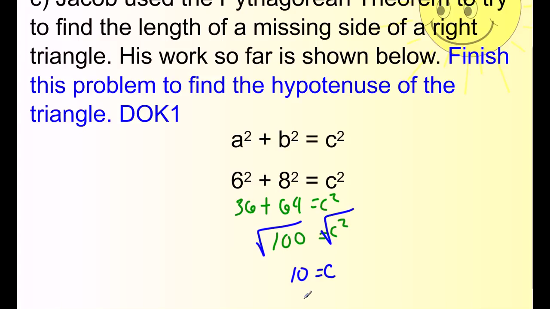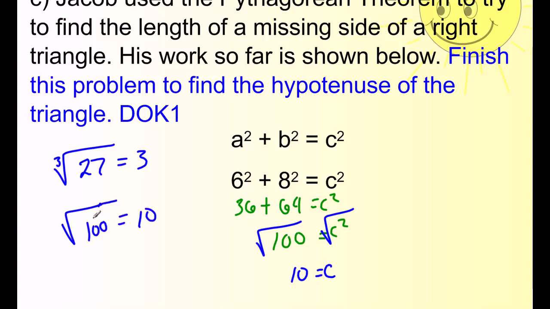One thing I thought of just now that we didn't talk about, I guess it's kind of assumed. When I was talking about cube roots, I had a little 3 in the corner, like the cube root of 27 is 3. But when I have a square root, I don't put anything in the corner. You could, just so you're aware, write a little 2 here, and it's exactly the same thing.